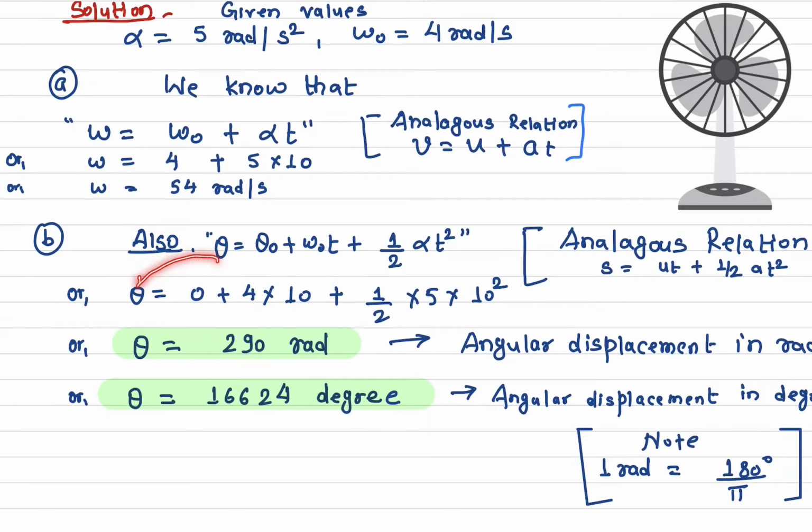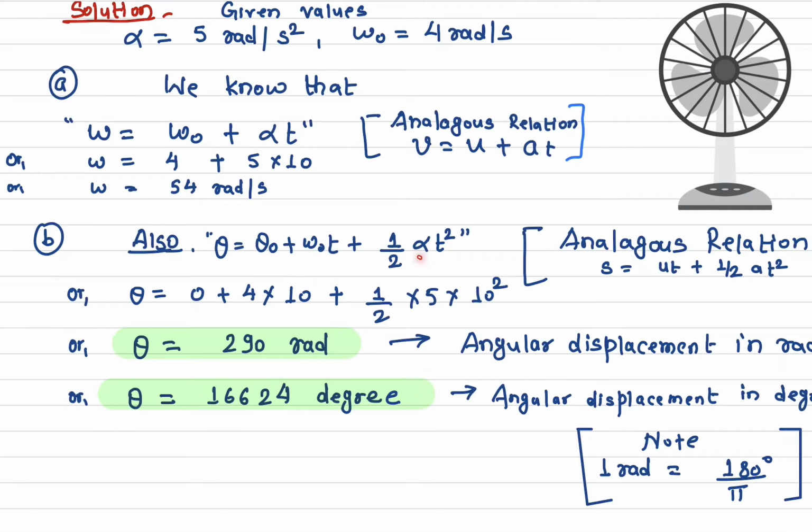We need to find out theta, and theta naught, as I mentioned earlier, is the initial angular position. So this is 0. That means at time t equals 0, we assume this is the starting point. And omega naught, we already know it is 4. And the time is 10 seconds.